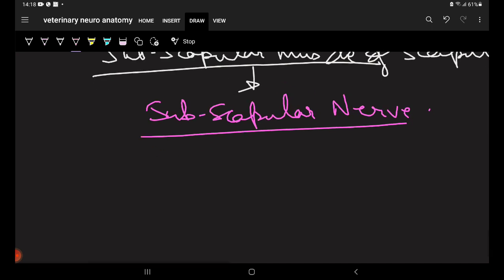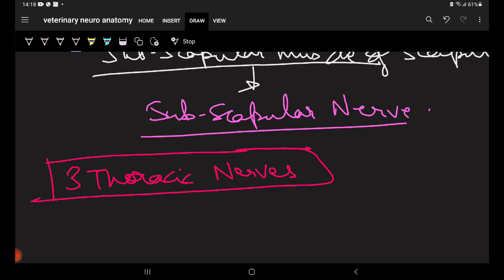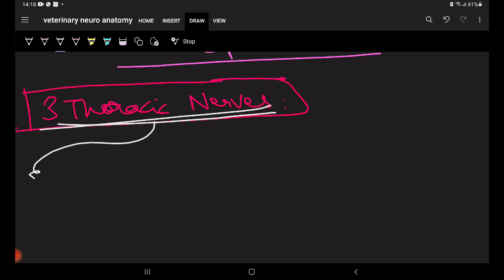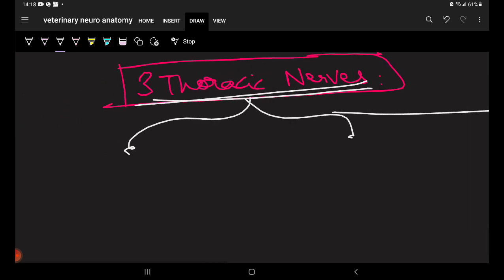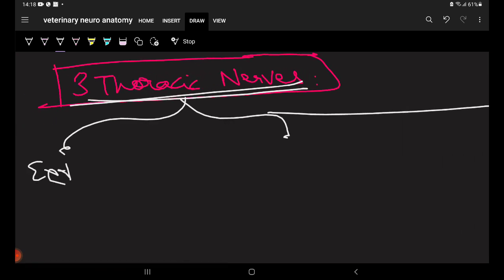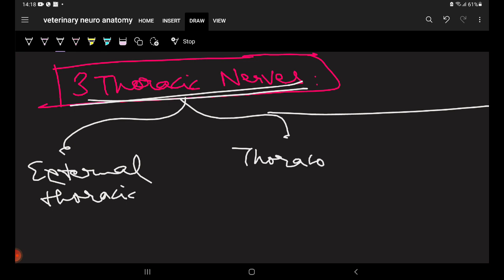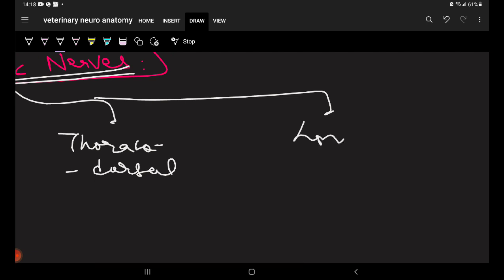Now if we move ahead, then there are three thoracic nerves, or branches arising from the brachial plexus. First is external thoracic, thoracodorsal and long thoracic. Okay.